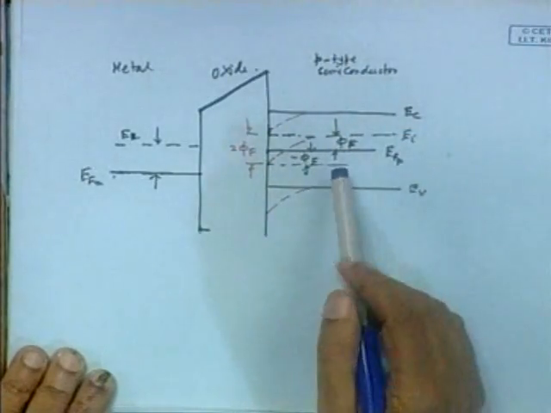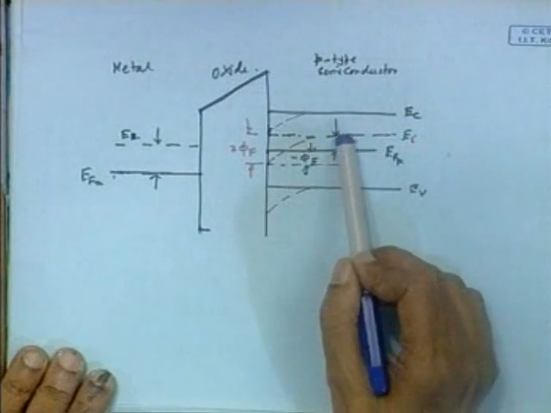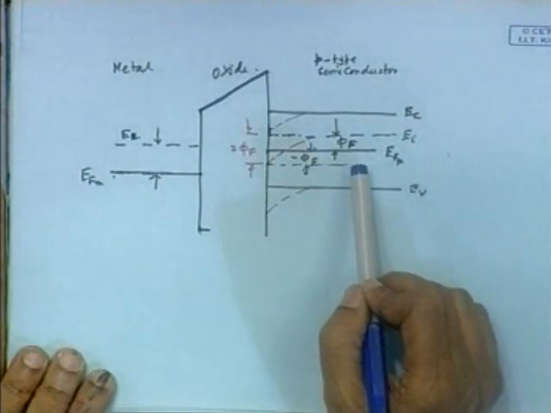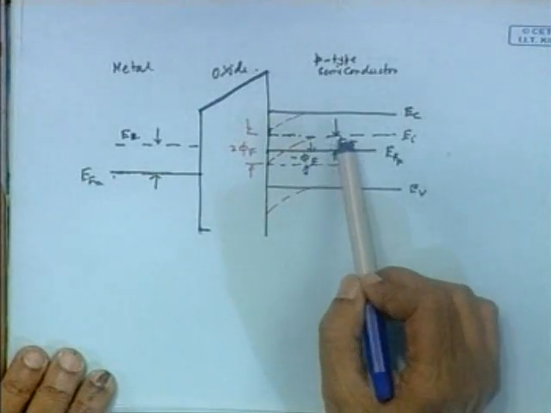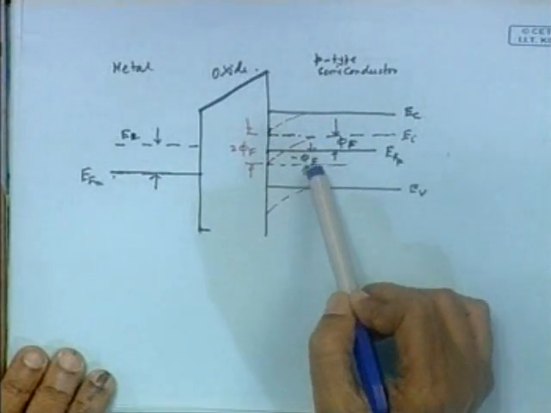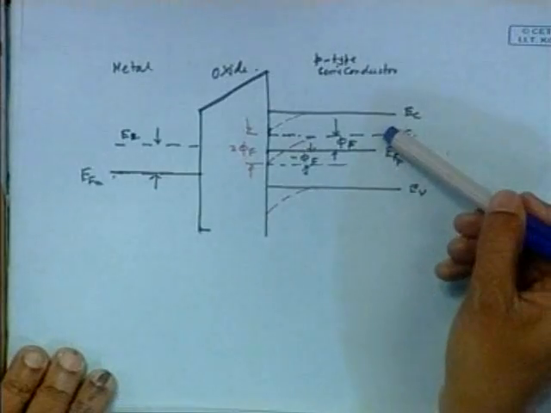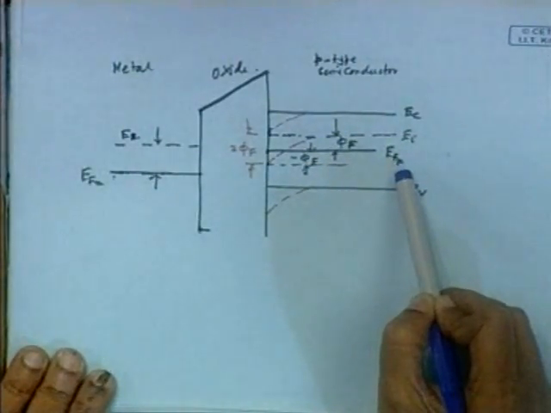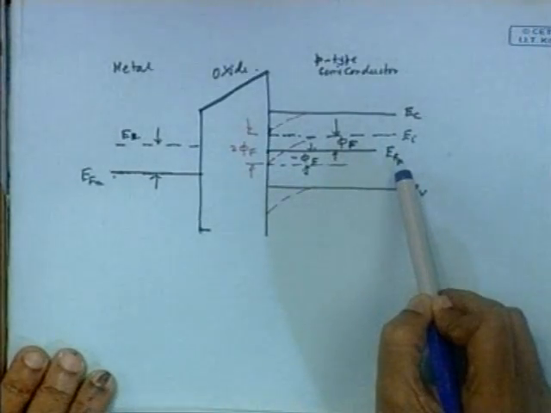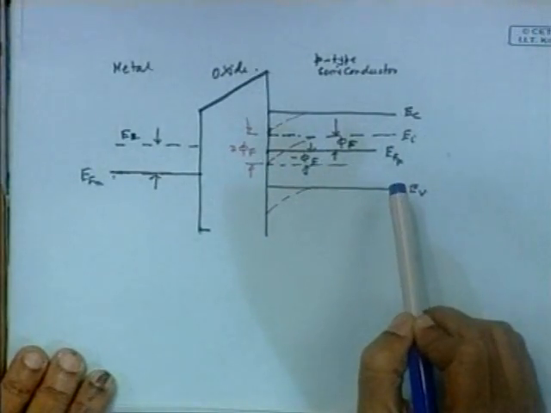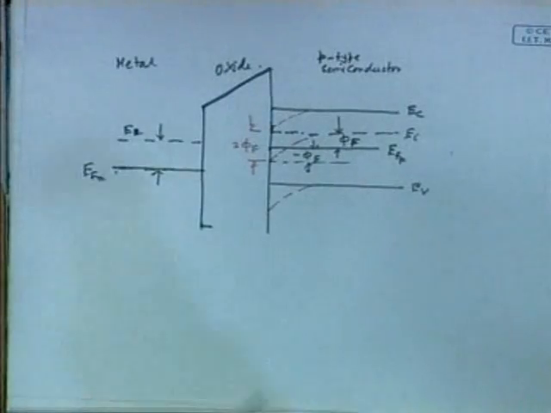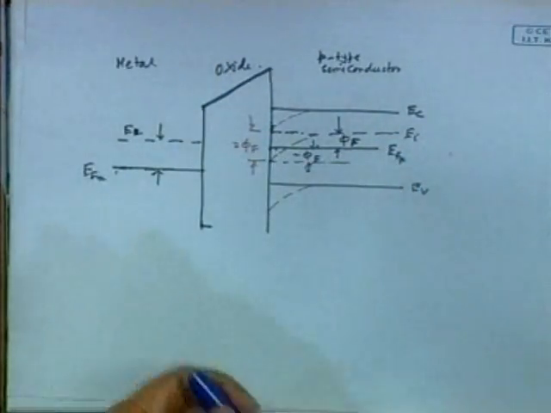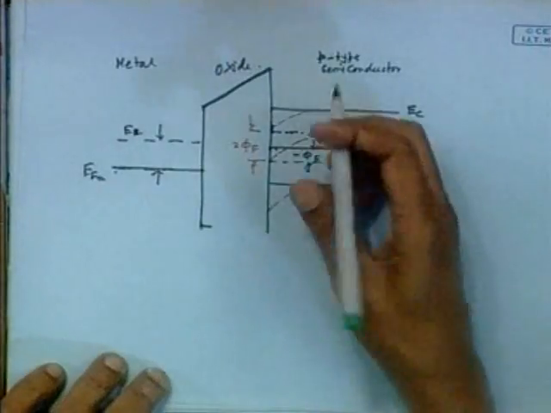If the applied potential is greater than phi f, which is called the Fermi potential, that means almost twice phi f, you can see that the intrinsic level is bending below the Fermi level EF of the pure P-type semiconductor, and in this region it has become negative.